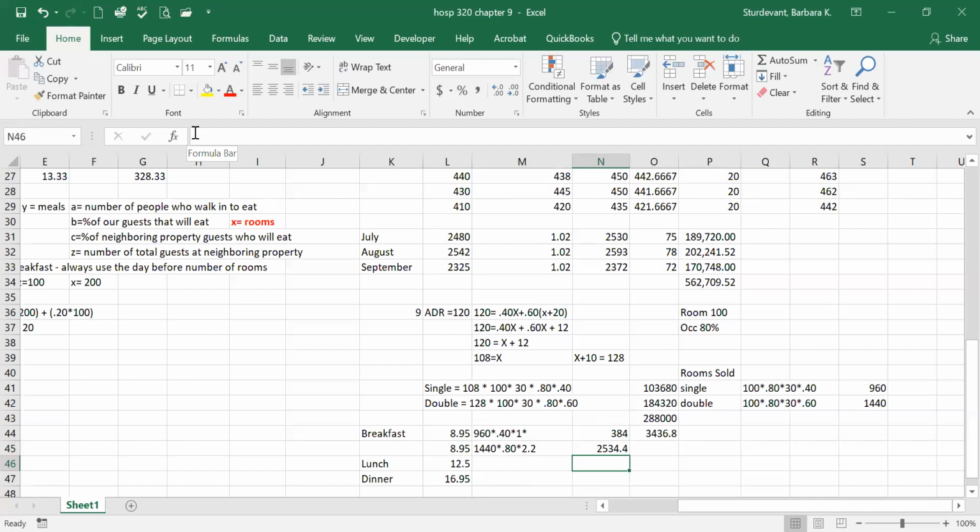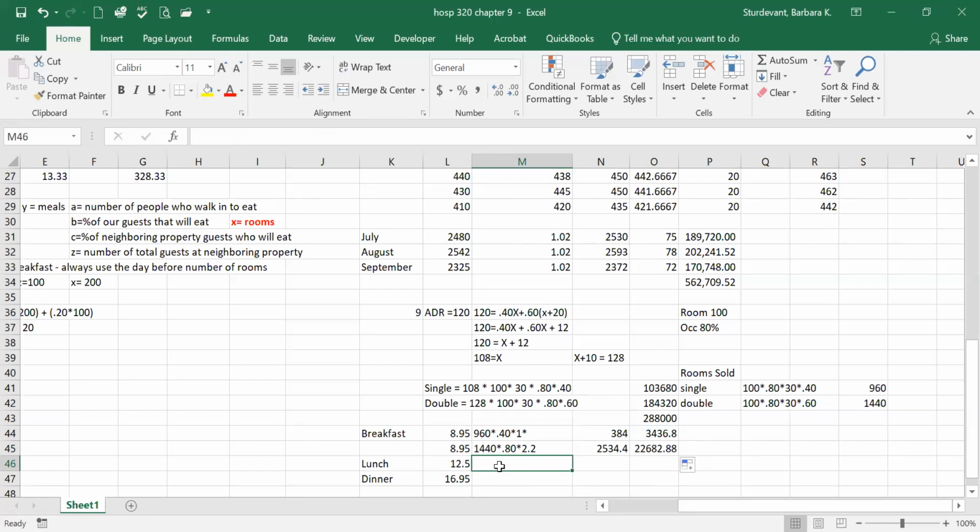And then what we could do is take the number of people, multiply it by the 895. So breakfast is a little complicated because we had to split the singles and the doubles.